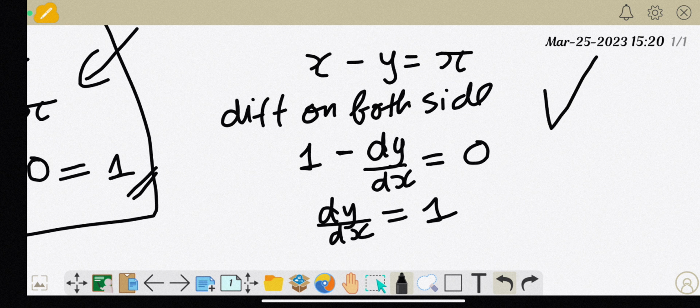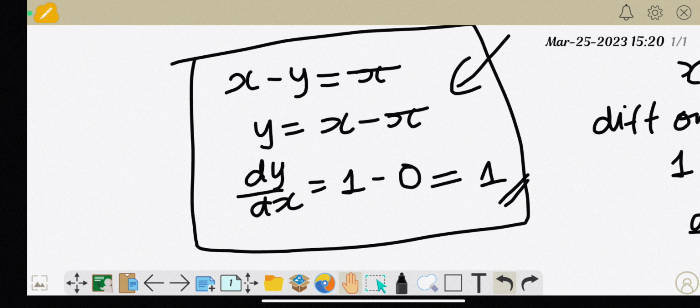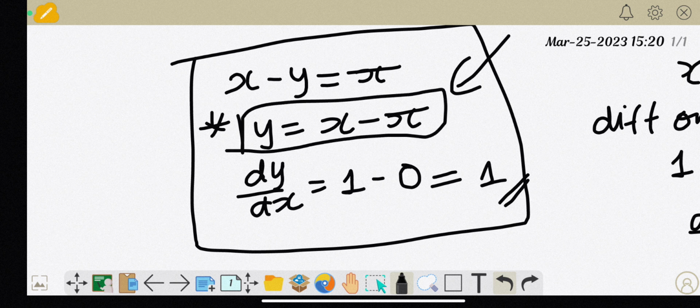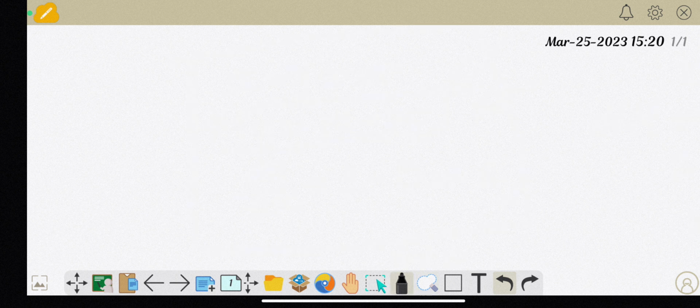Here you need not represent x in terms of y or y in terms of x; you can directly differentiate on both sides. Since this was an easier function, you could separate and write y in terms of x, but every time this process might not be easy, so we'll try to avoid this procedure in our upcoming problems. So this was one example.